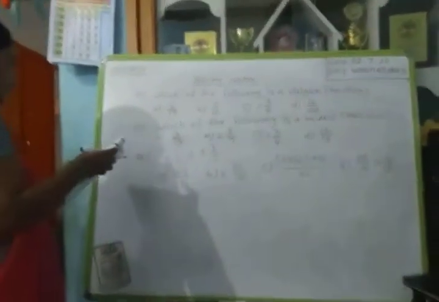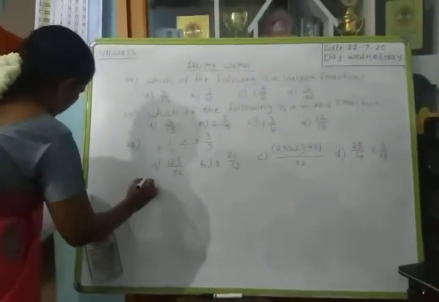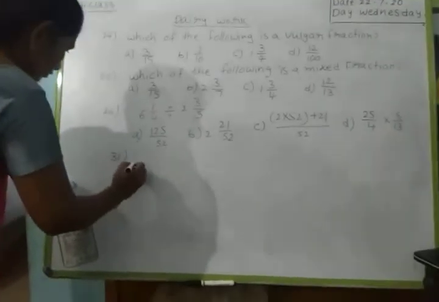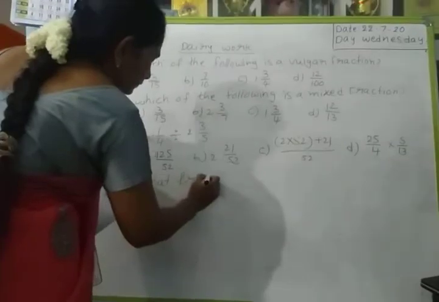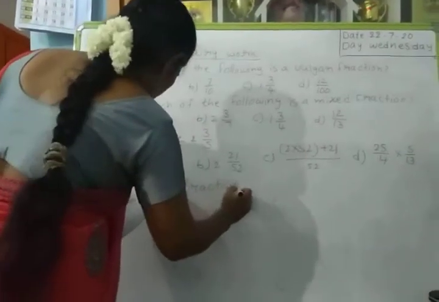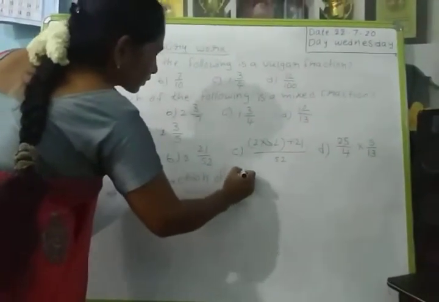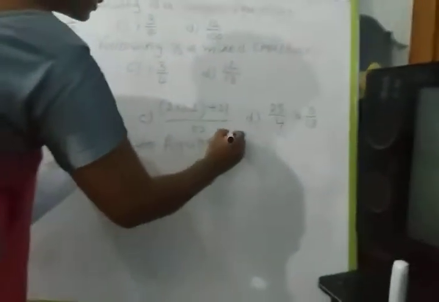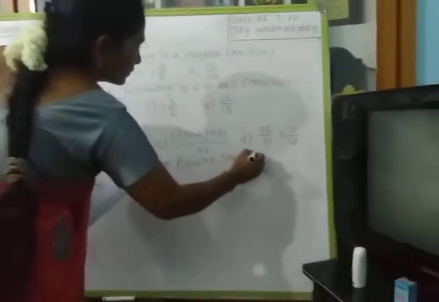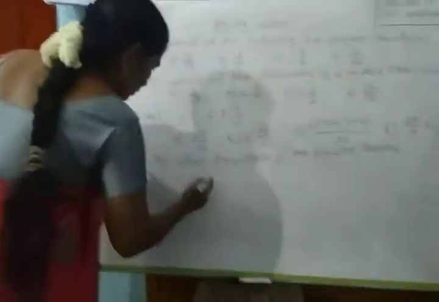Next one, 31st question. What fraction of the figure is shaded? They gave a figure like this.